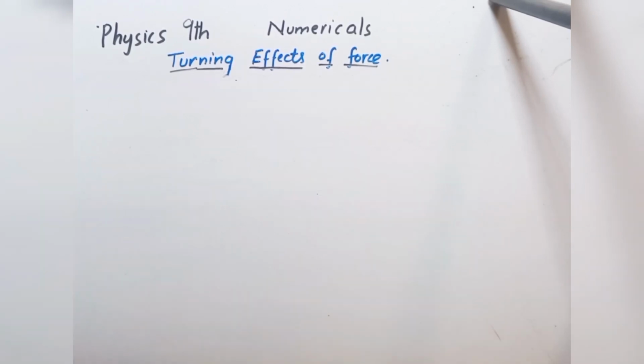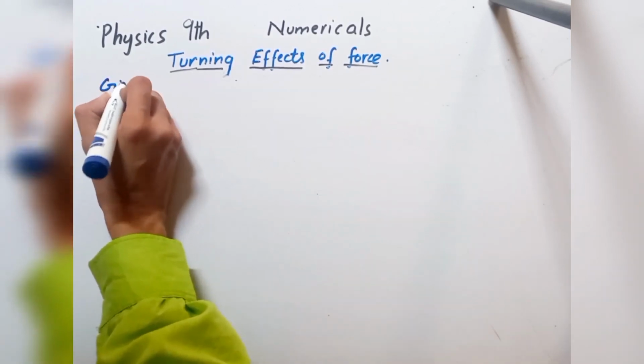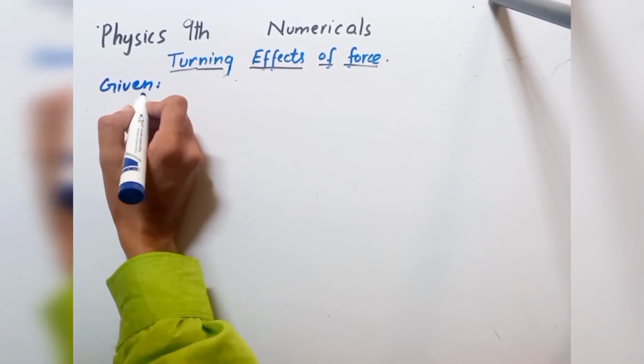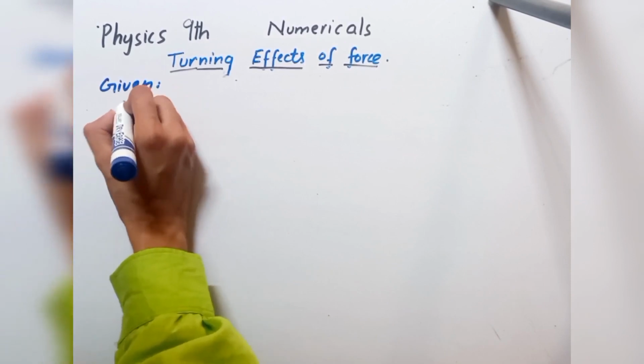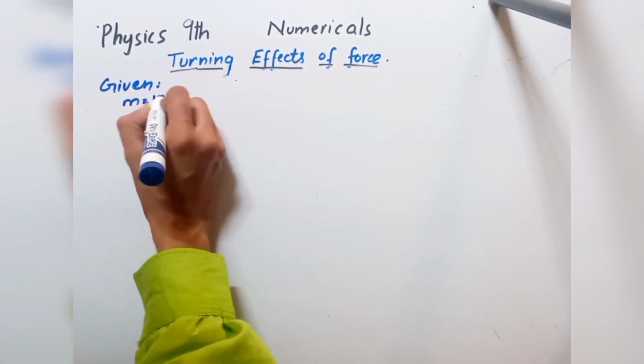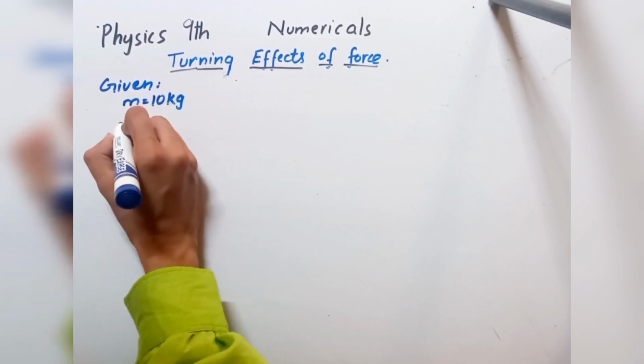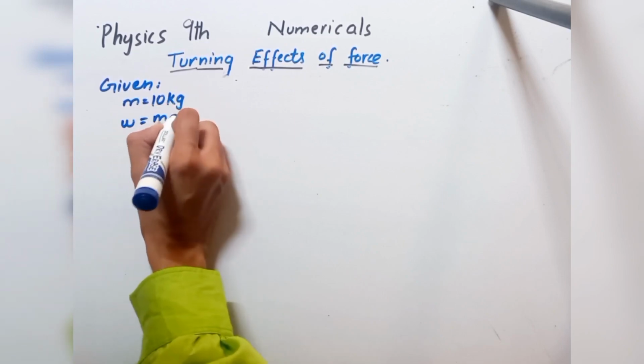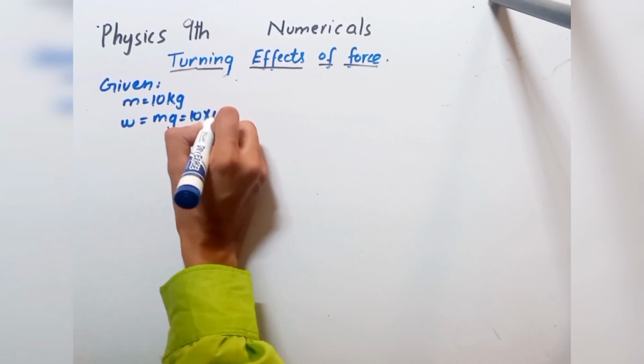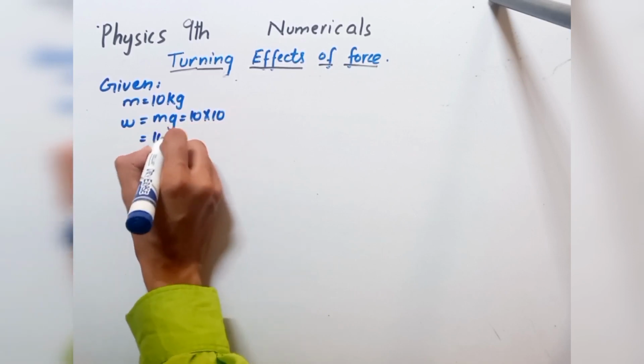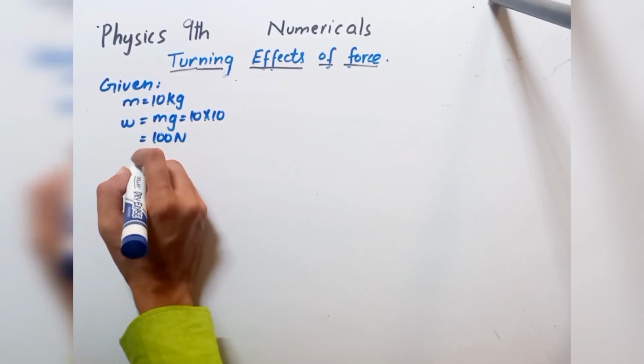The given data of the last numerical of this chapter is mass, which is 10 kg. The weight will be calculated from mass. So weight is equal to mass multiplied by gravity, 10 multiplied by 10. So weight is 100 Newton.